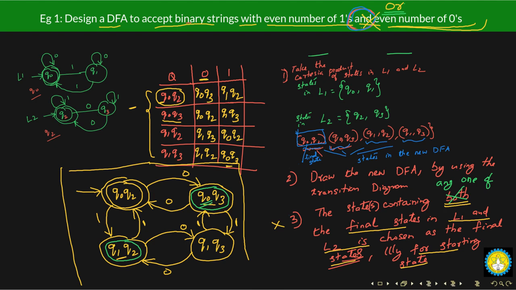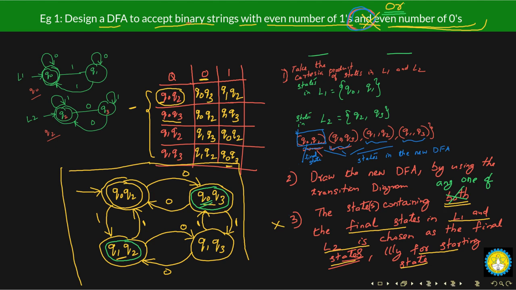That's the only modification. For the starting state, it remains the same. The combination of the starting states in L1 and L2 is going to be the starting state in the new DFA. So there is no change for the starting state. The only change is reflected in the final states.